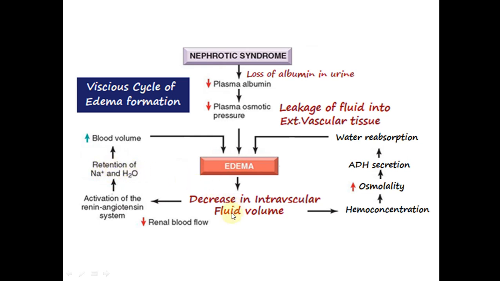Now, this compensatory response will increase the blood volume. But unfortunately, due to decreased plasma colloidal osmotic pressure, the blood is unable to hold the fluid within it, and as a result, further fluid will leak out of the blood capillaries into the extravascular tissue, and the edema will get further aggravated.